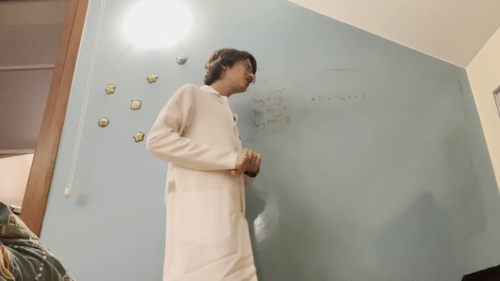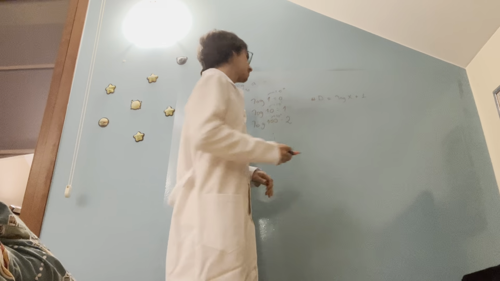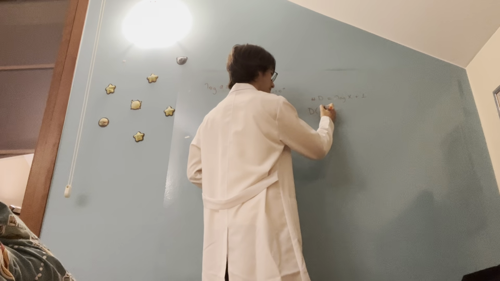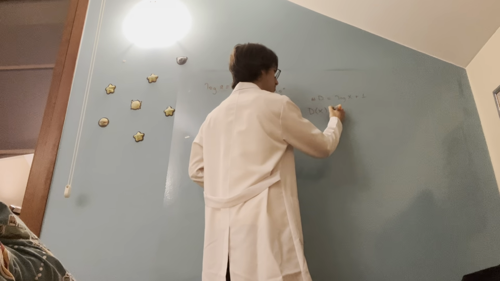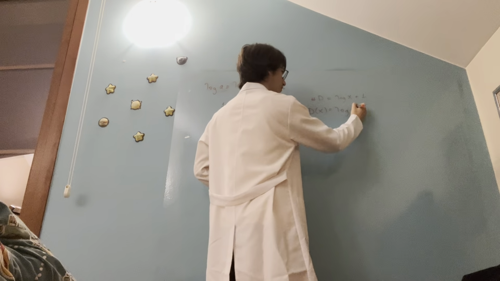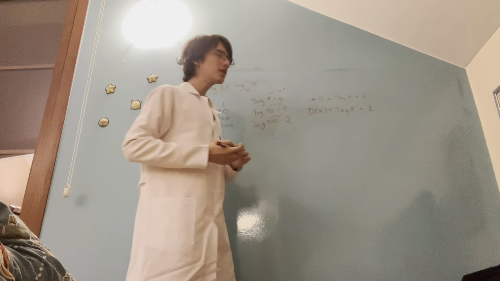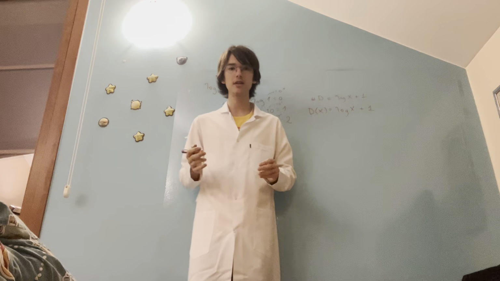I will make it more conventional and say that the number of digits of a number x is equal to the logarithm of x plus 1. But this will give you, for example, let us assume you are using 77.